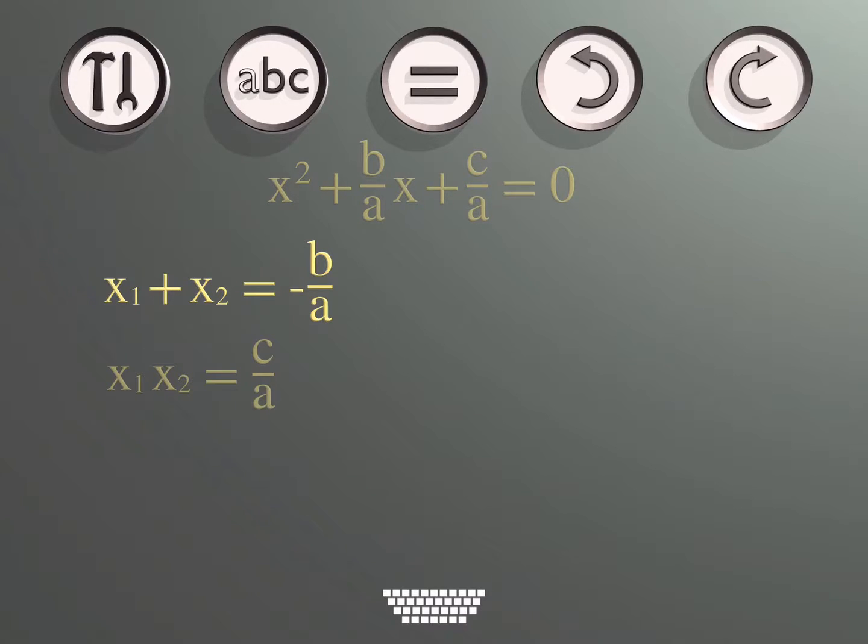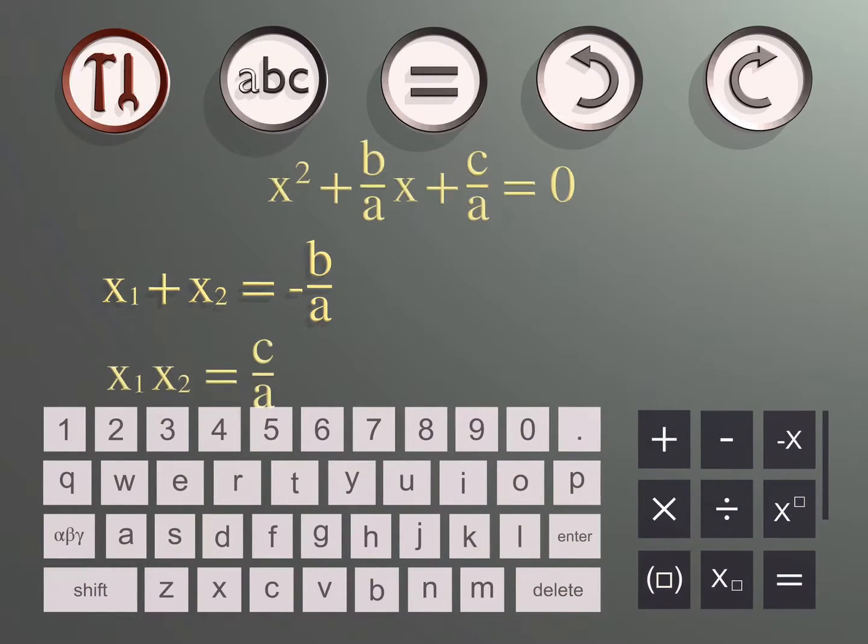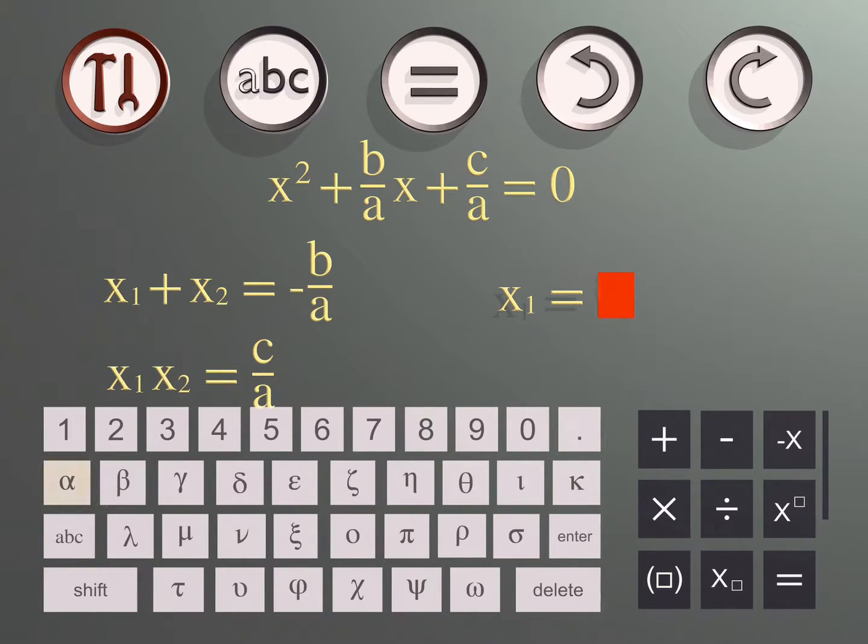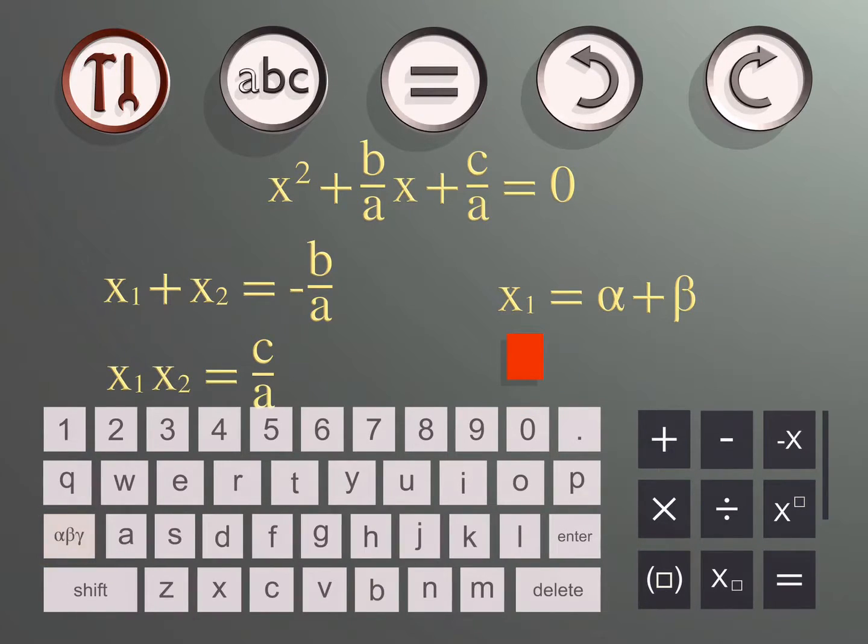To solve this, it's a little bit tricky. There's a trick that we have to use. So here's what I'm going to do. I'm going to make the ansatz that x1 can be written in the form alpha plus beta, where alpha and beta are just numbers that are yet to be determined.